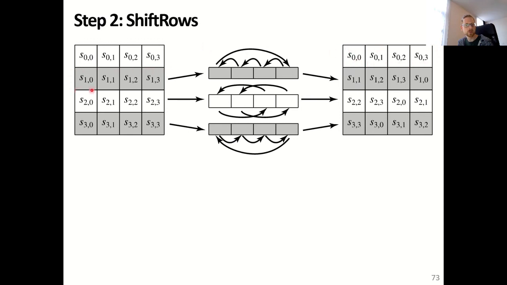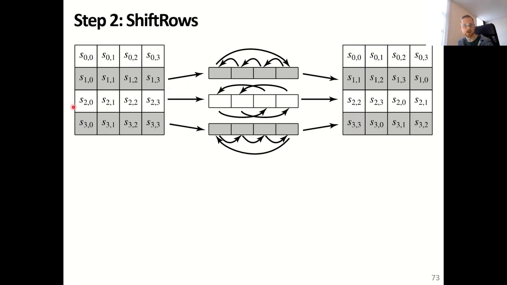The second row is shifted 1 position to the left, so S11 ends up at the first position, S12 goes from the third to the second position, S13 from the fourth to the third position, and S10 moves all the way from the left to the right, as it is a circular shift.